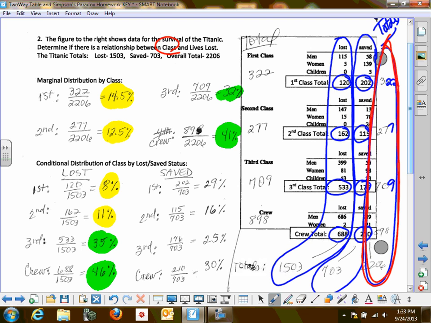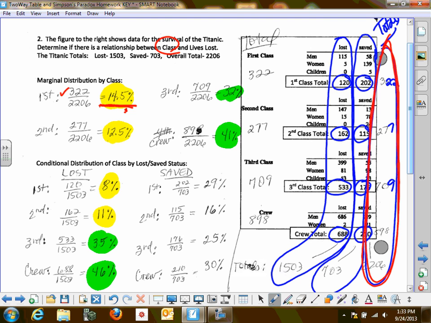So I get that by this. So for 322 over 2206, tell me in words what 14.5% means. Total percentage of the whole. Perfect. That's right. So this means 14.5% of all of the people on the Titanic have a first class ticket.